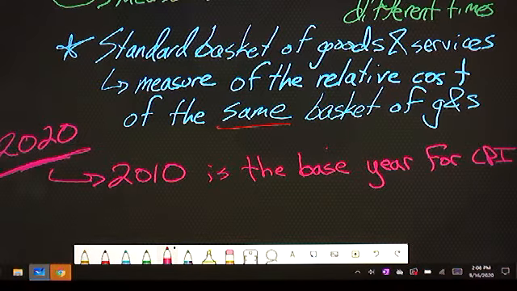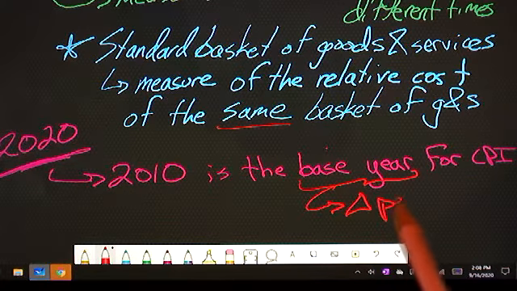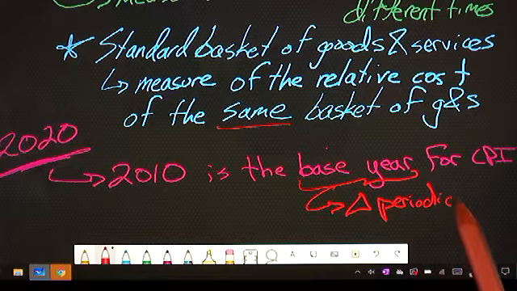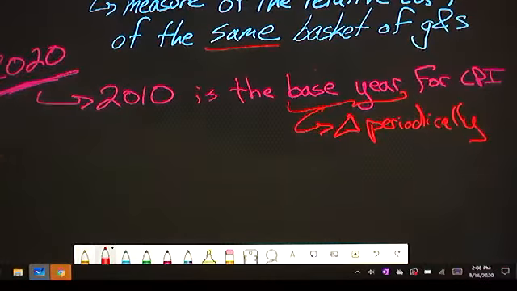If we were taking this class in 2008, or even maybe in 2012, the base year would probably be 2000. So it's usually done on these decades, every 10 years or so. These base years change periodically. Remember, a triangle like that is just a delta, just means change.